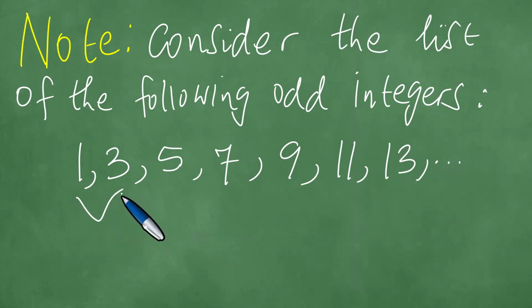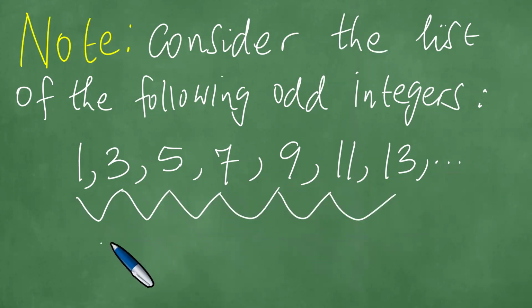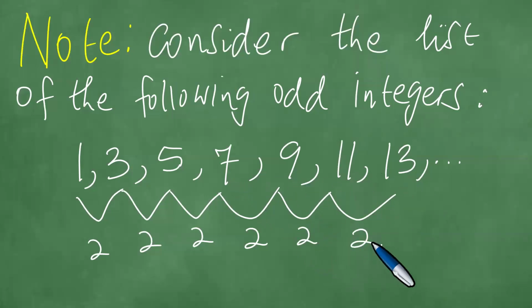If you attempt to find the differences between these, you can see that 3 minus 1 is 2, 5 minus 3 is 2, 7 minus 5 is 2, 9 minus 7 is 2, 11 minus 9 is 2, and 13 minus 11 is also 2. What we can note is that the difference between consecutive odd numbers is 2.